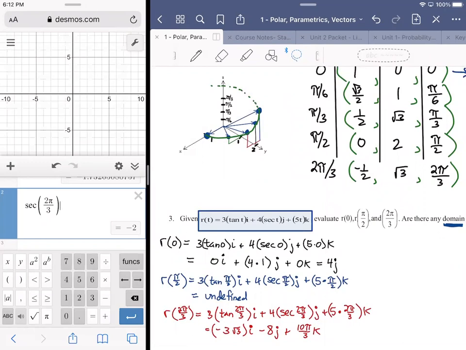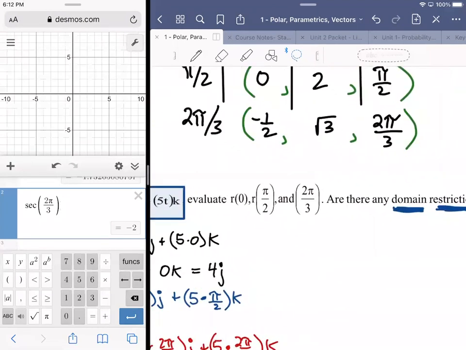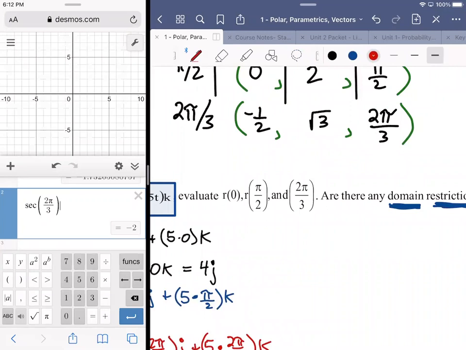Anyway, so the undefined component, is that the only instance in which this function would be undefined? No, it would be undefined whenever cosine is equal to 0. All right, so I'm just going to make a little notation here. I'll write it in the form of a semi-complete sentence.